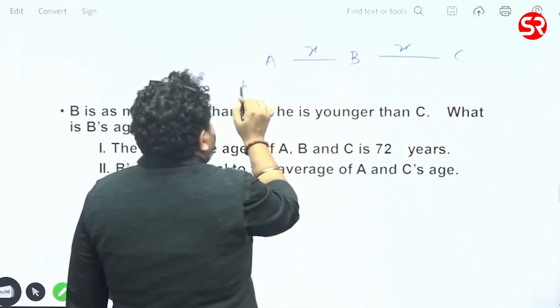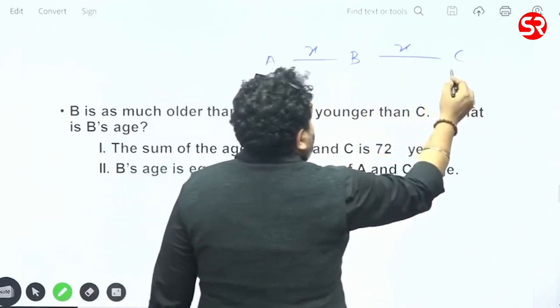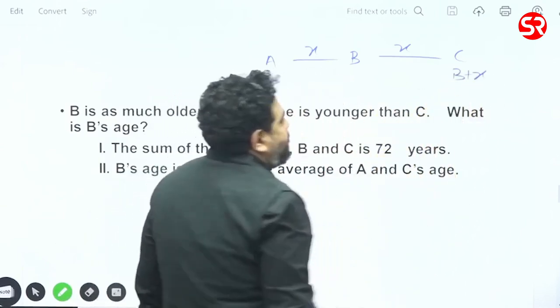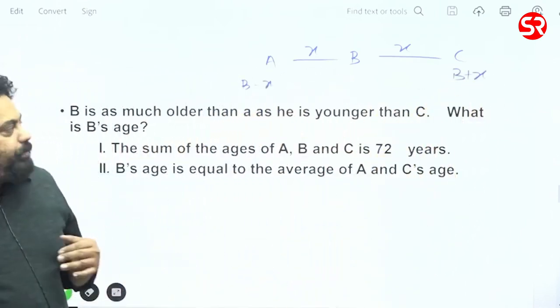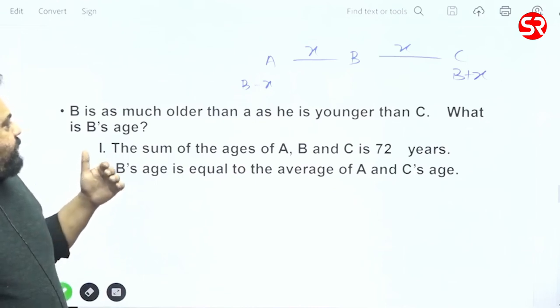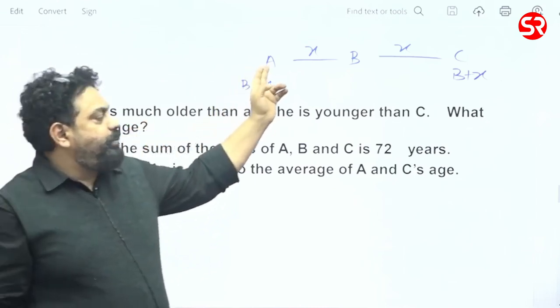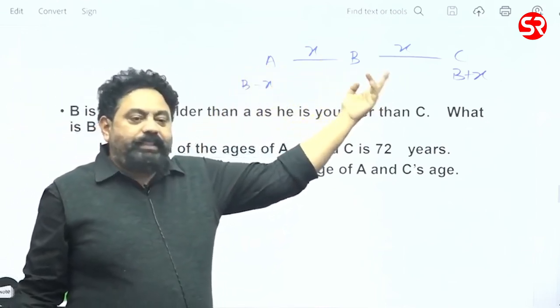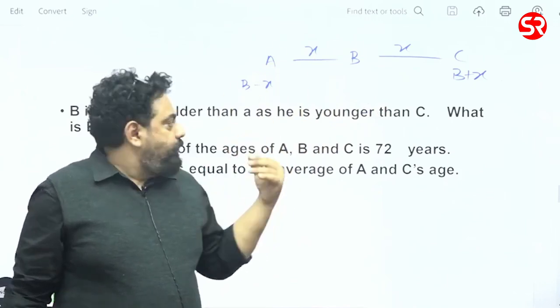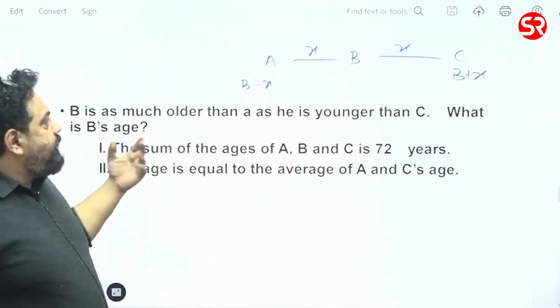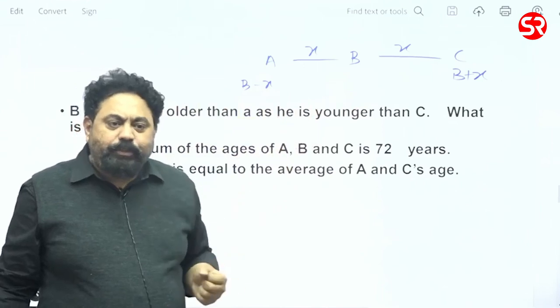This is B minus X, this is B plus X. The age of B is B, so B is X years older than A and X years younger than C, which means A is equal to B minus X, C is equal to B plus X.